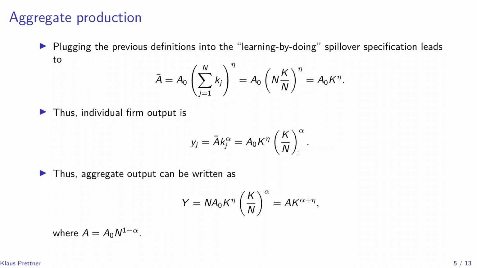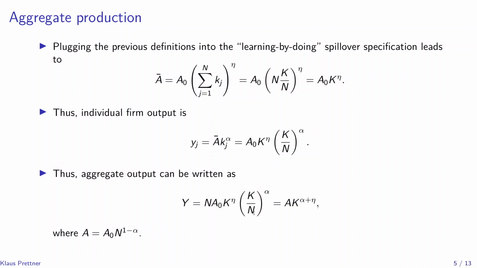So then we get individual output of one particular firm J, and if we aggregate over all firms by taking the sum over output of all firms, and since these firms are symmetric, we get the expression that we have here. So the number of firms multiplied by the expression that we have here, and then we can combine what we see here into this result, where K to the power of eta and K to the power of alpha, they combine to have K to the power of alpha plus eta.